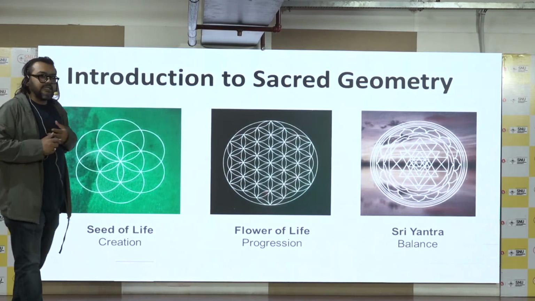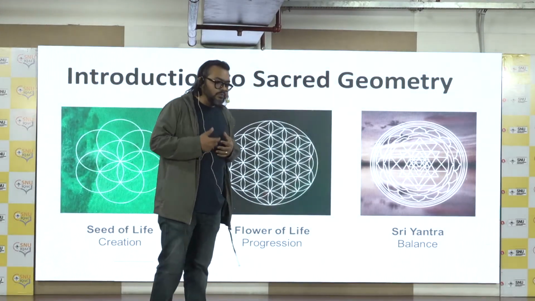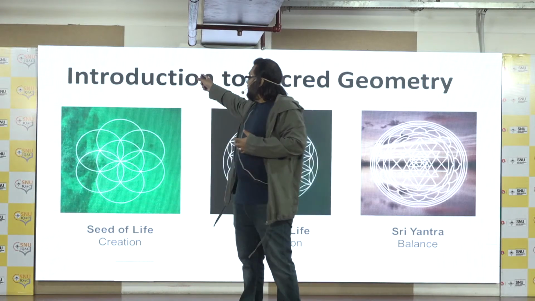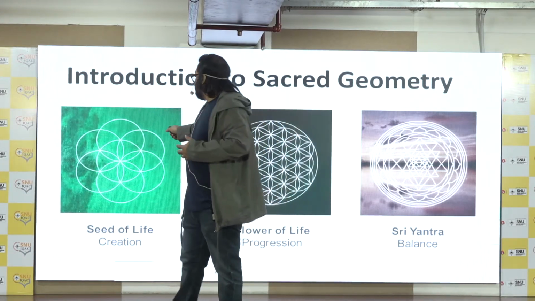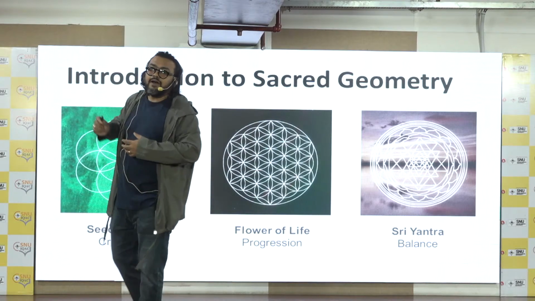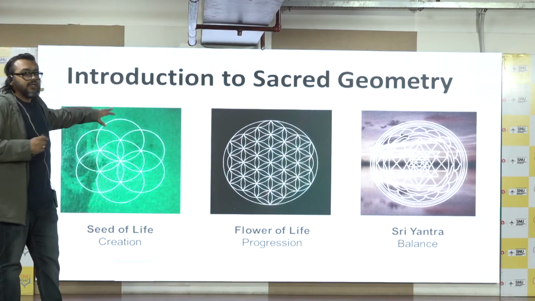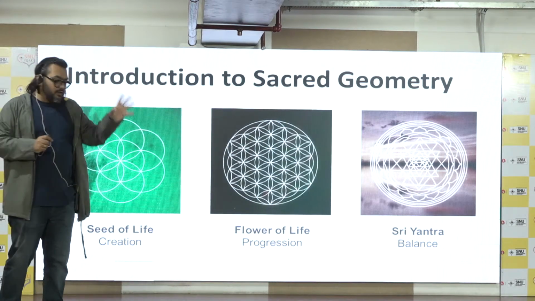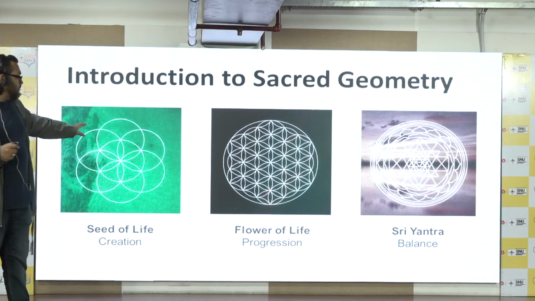Now, we see that in so many scriptures, we see that in so many architectures, this design, where the circles are intertwining with each other. So this is seed of life. This defines creation. So when it comes to UI, for a radial UI, for a circular design, we use this seed of life.